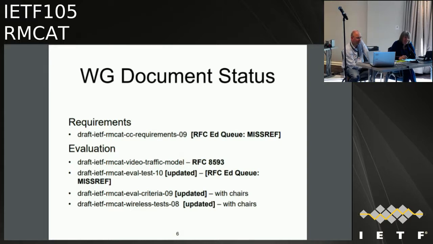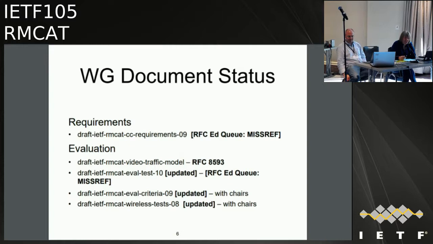We have the different evaluation drafts, and one of them now became an RFC, the RFC 8593, the video traffic model. And the eval test draft is in the RFC editor queue, also waiting for the requirements draft to finish up. So hopefully it will come out when the same bundle resolves.